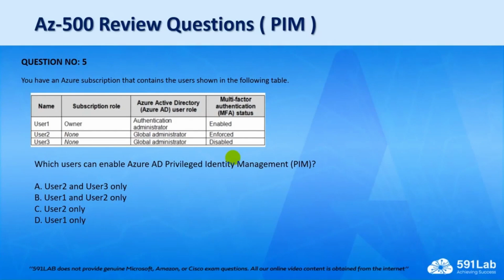We can clearly see it is user 2 and user 3. It doesn't matter whether multi-factor authentication is enabled, enforced or disabled for them. If they are assigned the global administrator role, they will be able to enable Azure AD PIM. So the answer should be user 2 and 3 only. Okay, I hope my explanation helps you to understand the question and answers. Let's move to the next question.